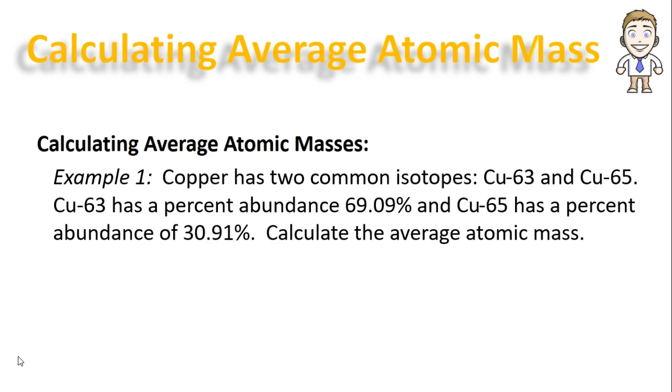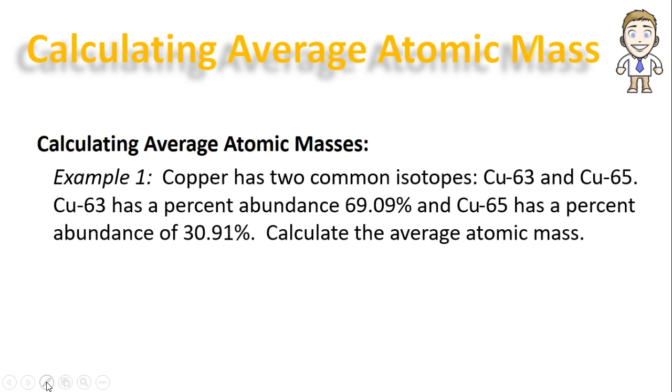The problem's going to give you information that pretty much mirrors this every time. This is about copper. Copper has two common isotopes, copper-63 and copper-65. Copper-63 has a percent abundance of 69.09%, while copper-65 has a percent abundance of 30.91%. And the question is very simple: calculate the average atomic mass.